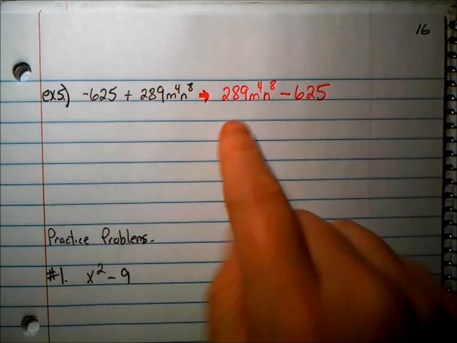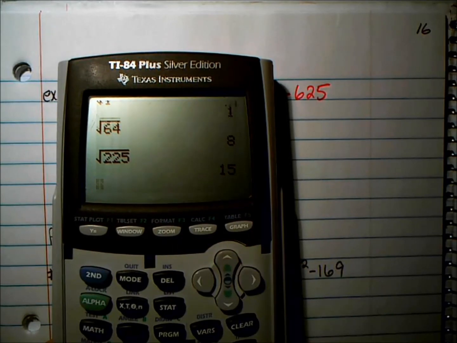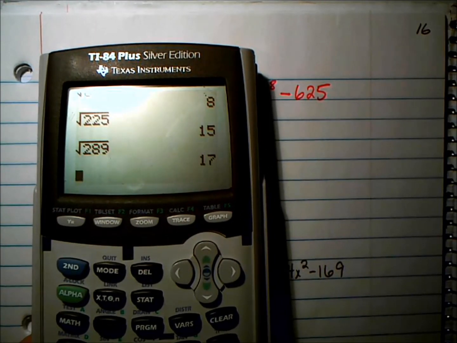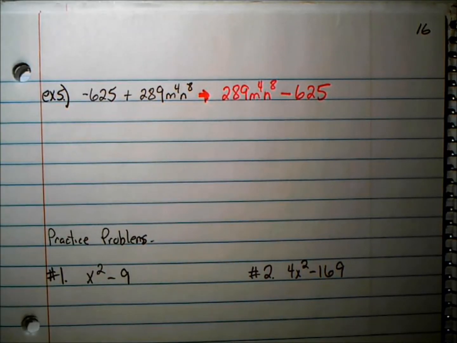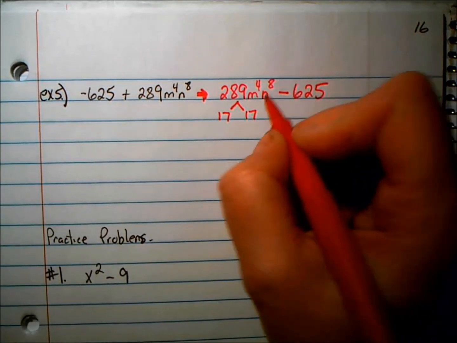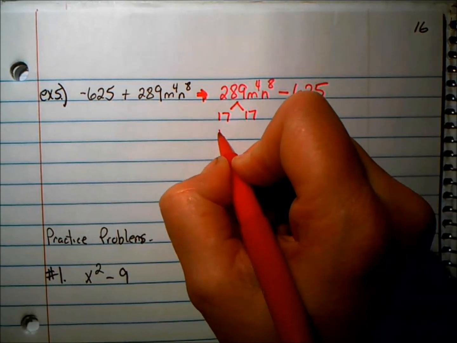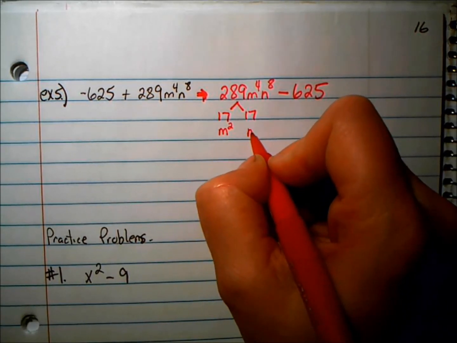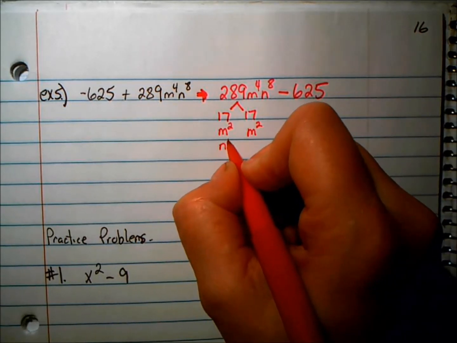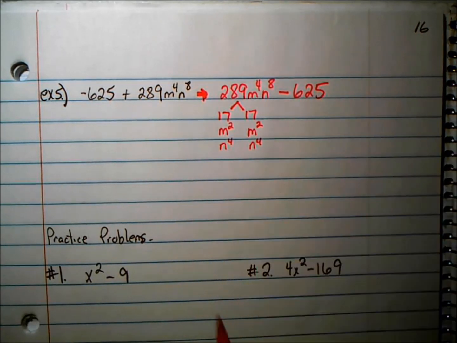Now I'm ready to take square root. So if I do square root of 289, that splits into a pair of 17's. So it's 17. The m4, cut in half, would be an m2, and the n8 cut in half would be an n4.